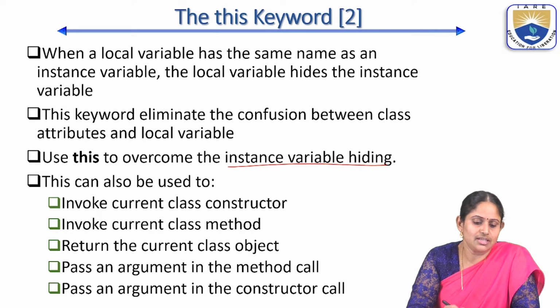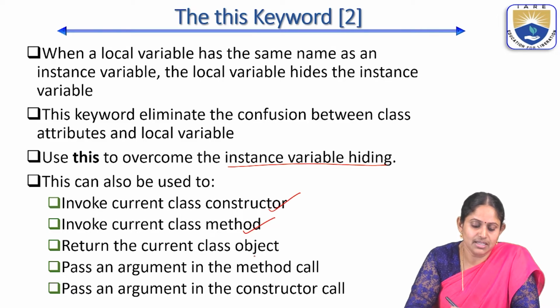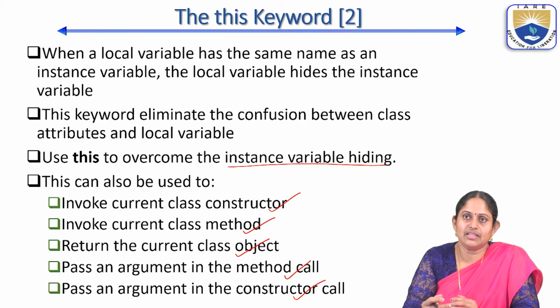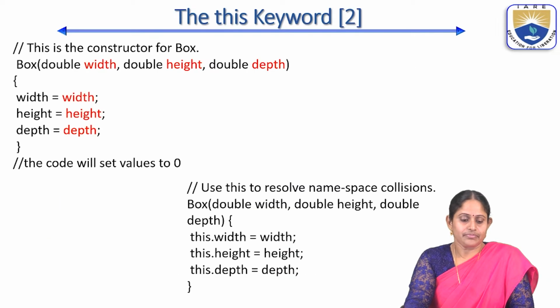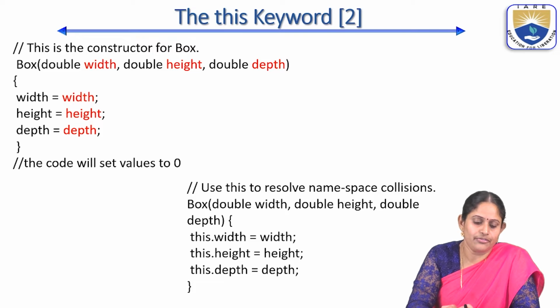Also we can use this keyword to invoke the current class constructor, the current class method, the current class object, pass an argument into a method and pass an argument in the constructor call. So this keyword will be used more on the current class which is being worked on.